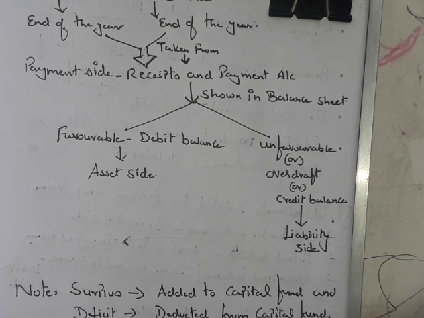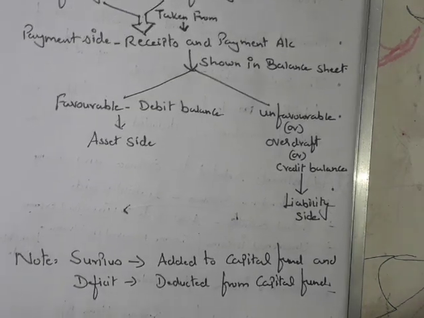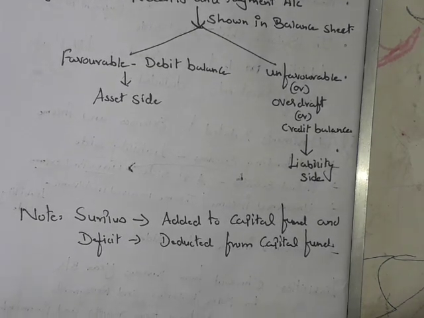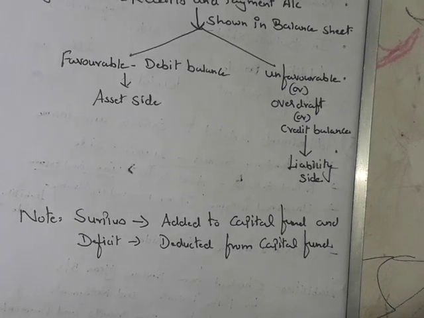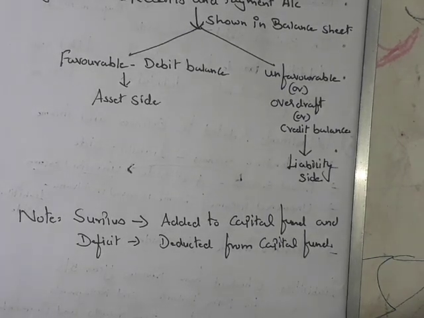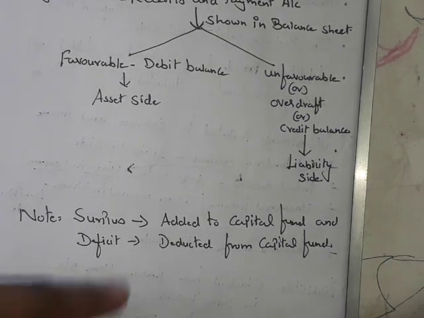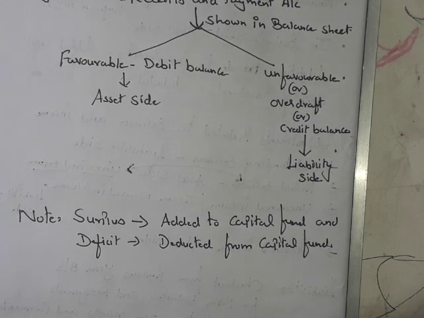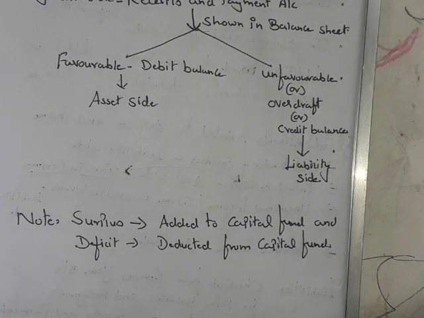If they show a debit balance, it will be documented on the asset side, whereas if they show a credit balance, it will appear on your liability side. And finally, we will be adding the surplus to our capital fund, and we will be deducting the value of the deficit from the capital fund.